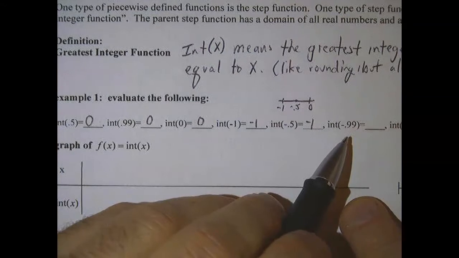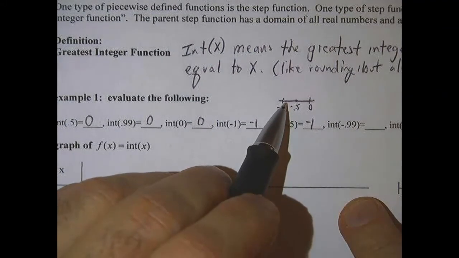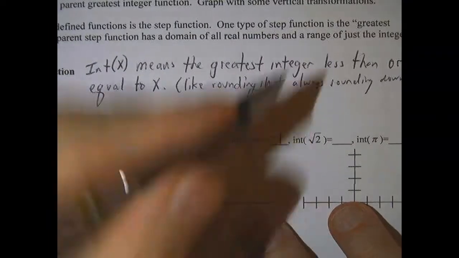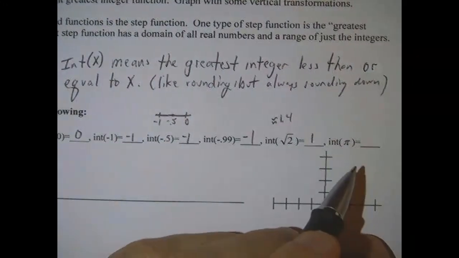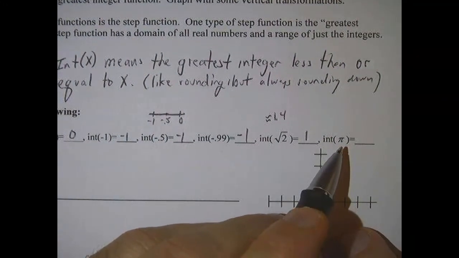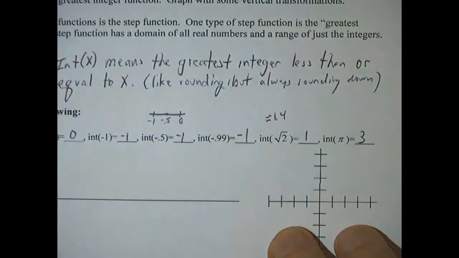Less than or equal to negative 0.99 would be like here, and that's also negative 1. Less than or equal to the square root of 2, which is around 1.4, would be 1. And the greatest integer less than or equal to pi would be 3. That's just to give you an idea of what this looks like.